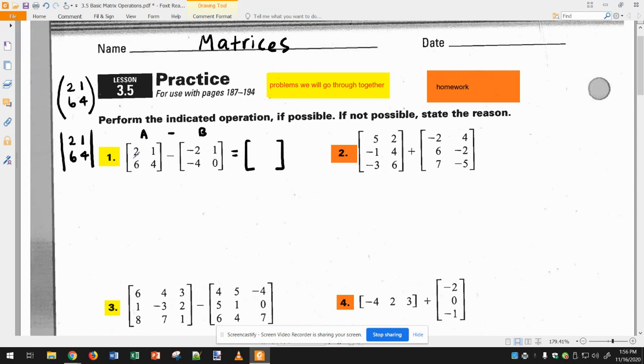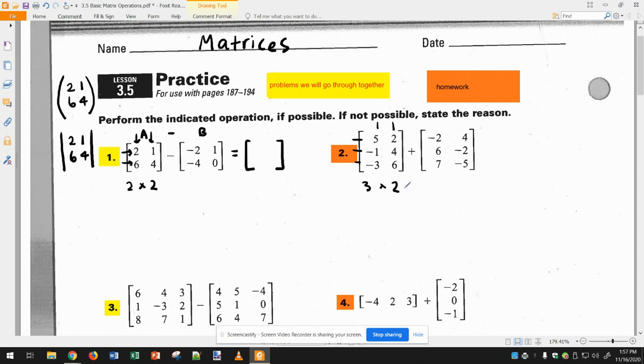So we would call this a 2 by 2 matrix because it has 2 rows and 2 columns. And so the rows go left and right, and the columns go up and down. So like this matrix would have 1, 2, 3 rows and 1, 2 columns.